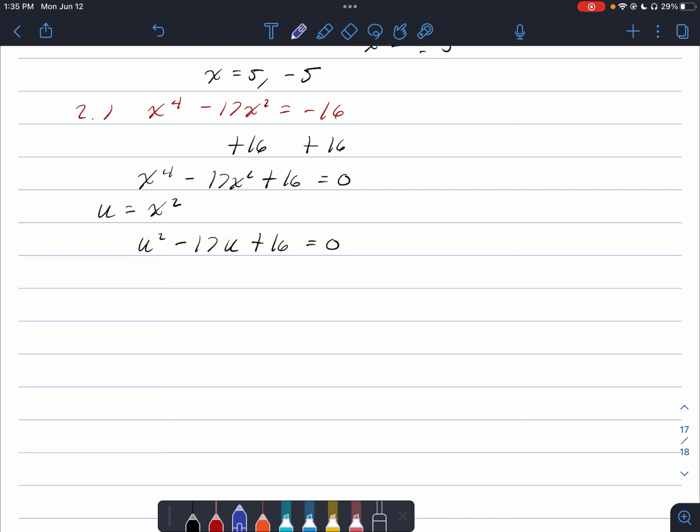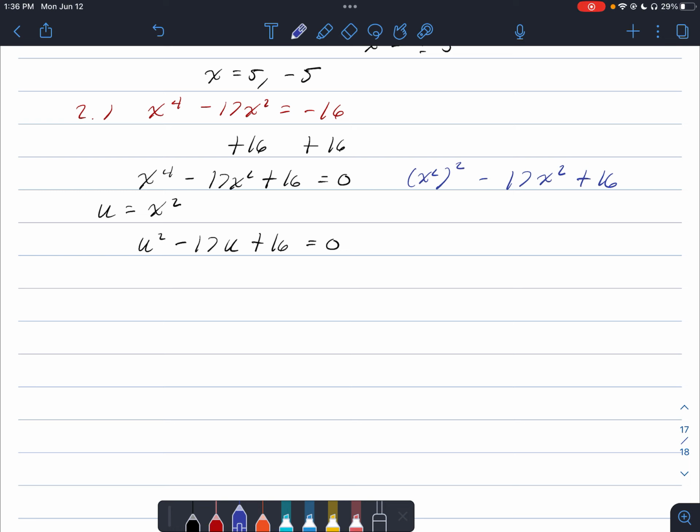And this is because this equation can be written as x squared squared minus 17x squared plus 16. And if we said u is equal to x squared, then we can write this as u squared minus 17u plus 16 is equal to 0. And again, we should be able to solve this one using techniques we already know.